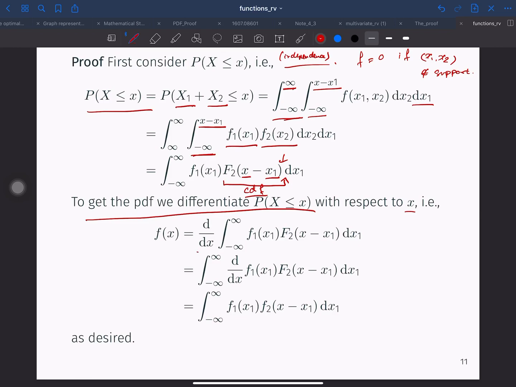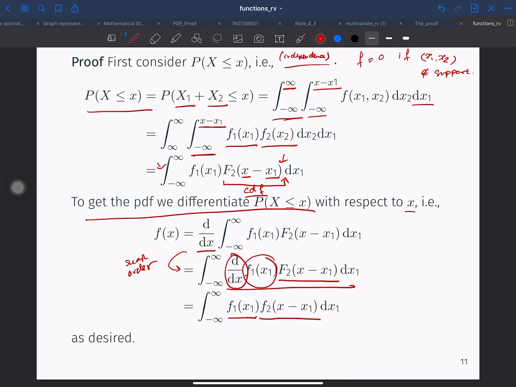Now I can swap the order of integration and differentiation. This is just a constant, so I can move it out. If I differentiate d over dx of the marginal CDF, I get the marginal PDF. And that is exactly the formula I set out to prove.